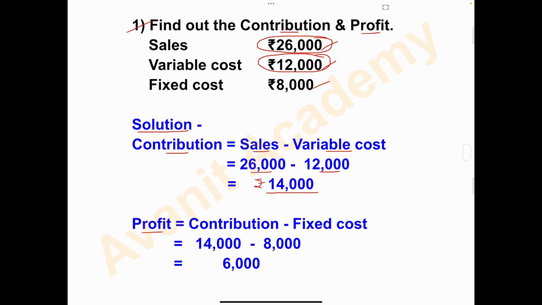Next is profit. Profit is equal to contribution minus fixed cost. Contribution, just we have calculated, that is 14,000, and fixed cost is rupees 8,000. From 14,000 minus 8,000, you will get rupees 6,000 is the profit. Like this, you have to calculate contribution and profit.